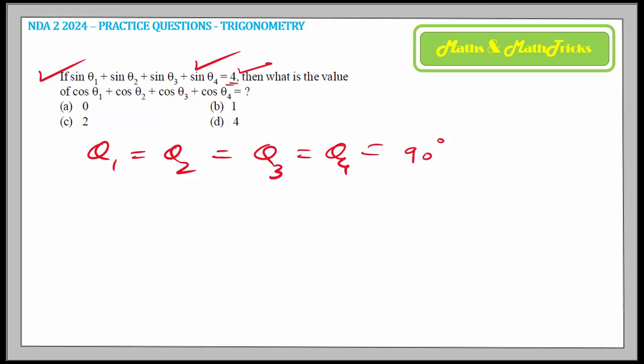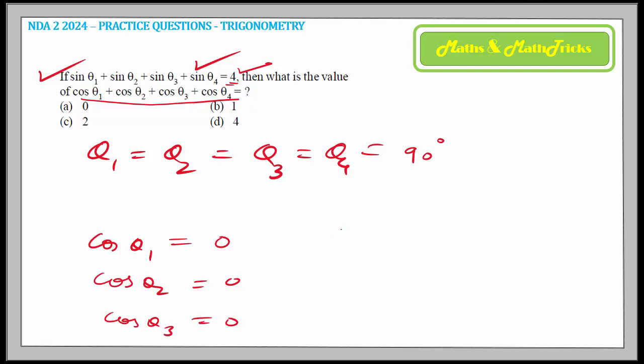So accordingly you got to know that each angle is 90 degrees. So if that is the case, what do you predict for this? Yes, you guessed right. Cos theta 1 is 0, cos theta 2 is 0, cos theta 3 also 0 because cos 90 is 0, right? Cos theta 4 is 0. Each of the values 0 add up to 0 and hence the answer is option 8 for this question.